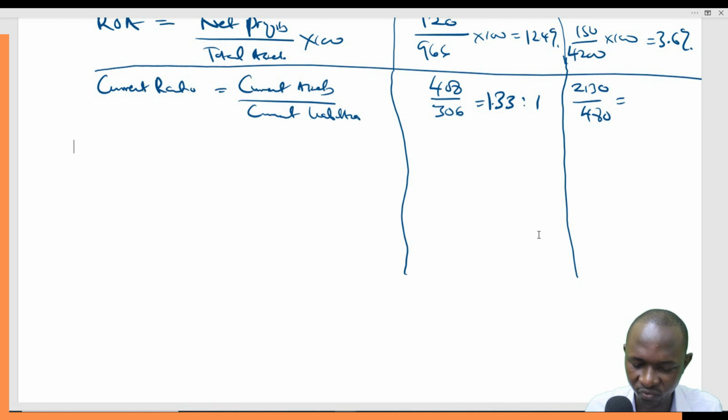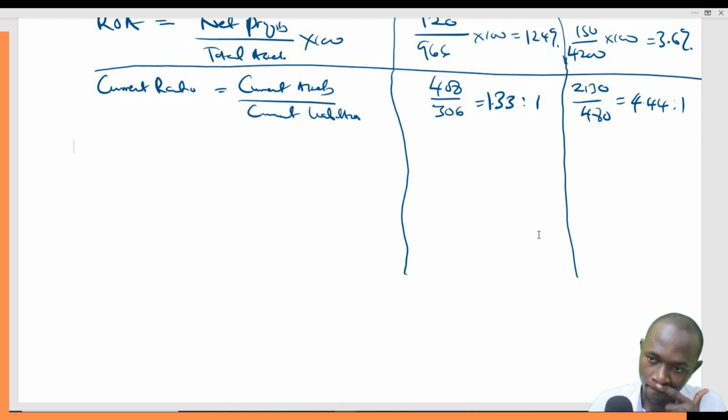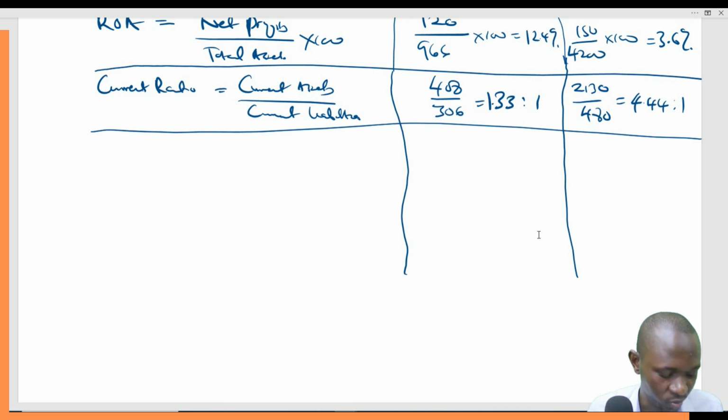This gives us 4.434. Let's call it 4.44 to 1. So that is the current ratio. We are done with it, so we move to the next one.